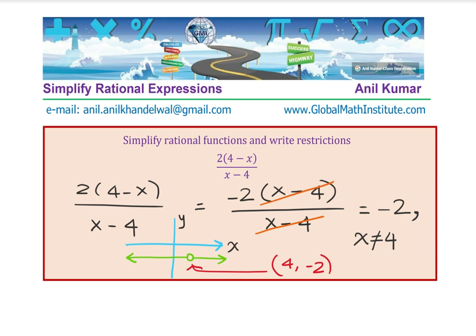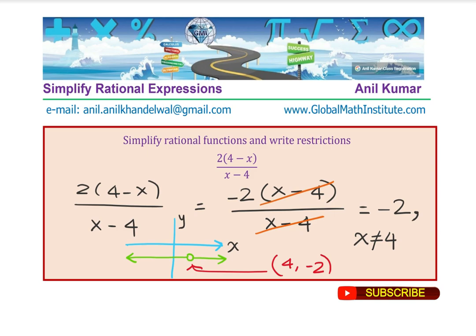So this is a very important concept which I wanted to specify and make absolutely clear before moving forward. Whenever we have restrictions, we could have either a hole or a vertical asymptote. When the factors cancel, we have a hole as shown here. Correct?